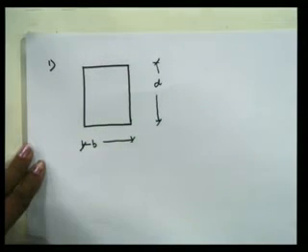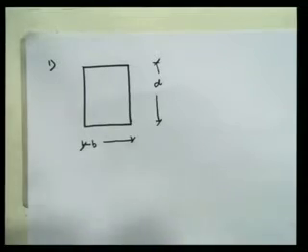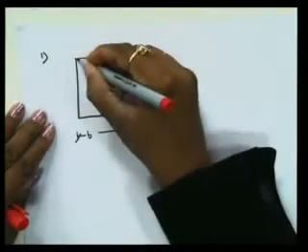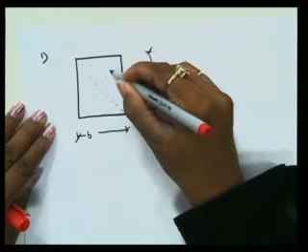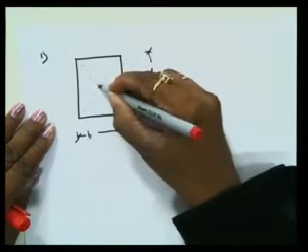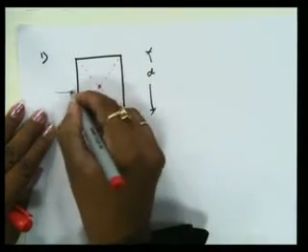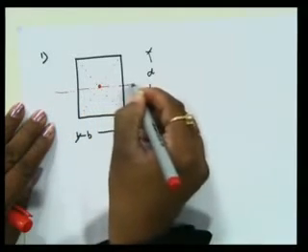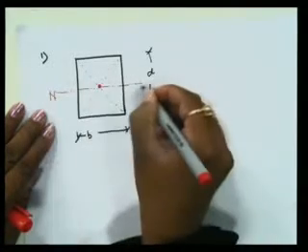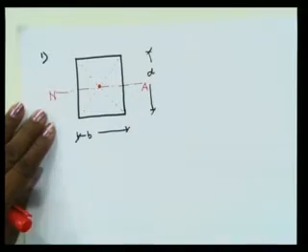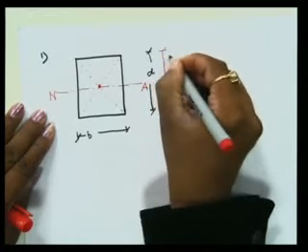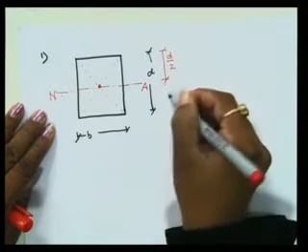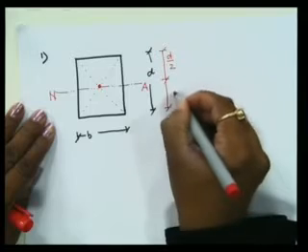Then we have to locate the neutral axis. You all know, to locate the neutral axis we intersect the diagonals. The point at which both diagonals meet is the position of the centroid, and the line passing through that centroid is called the neutral axis. So we have located the neutral axis, at a distance of half of the depth, D by 2 and D by 2.